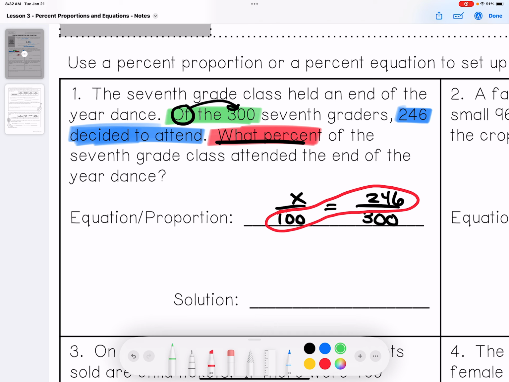Okay, that's one way to do it. The other way to do it is I'm going to draw it over here. You write down whichever way you like to do this, okay?